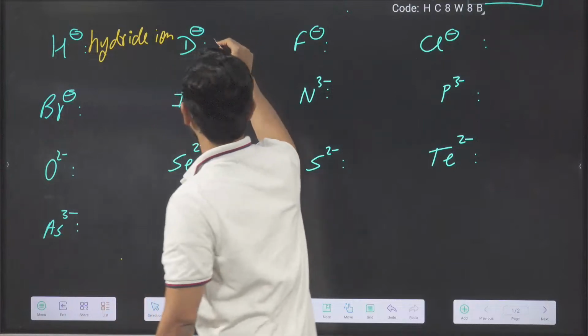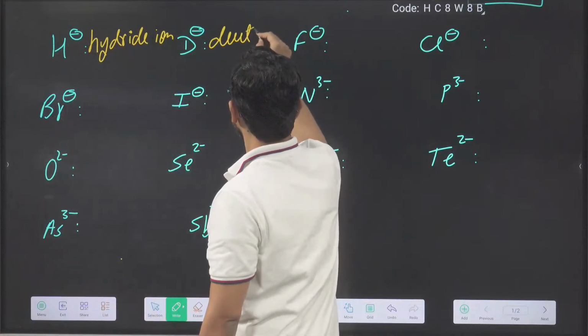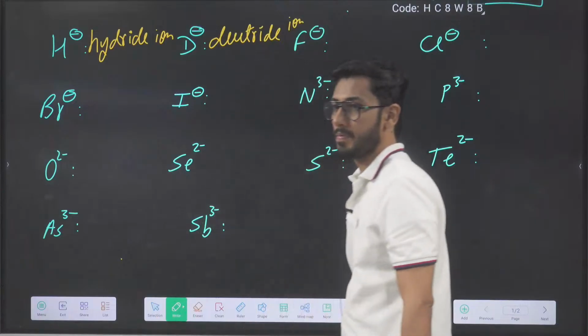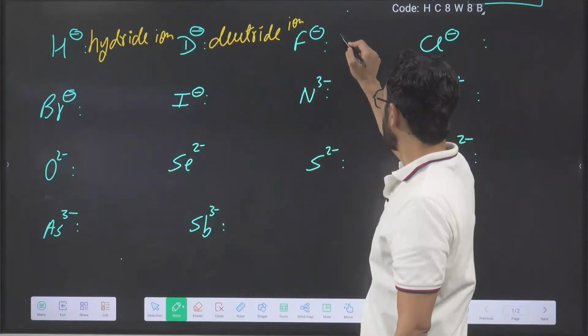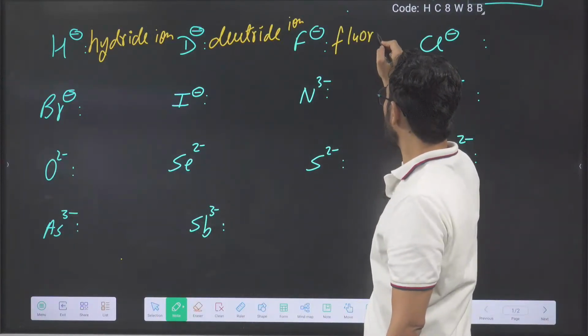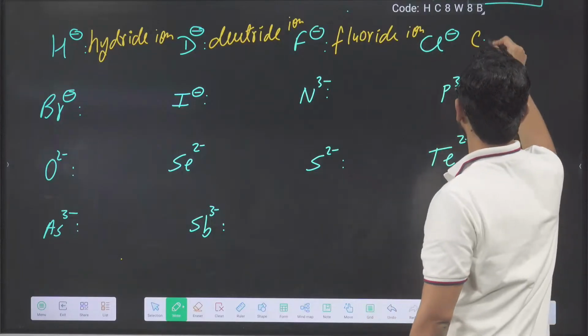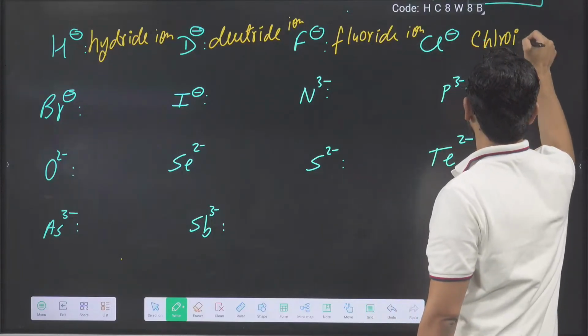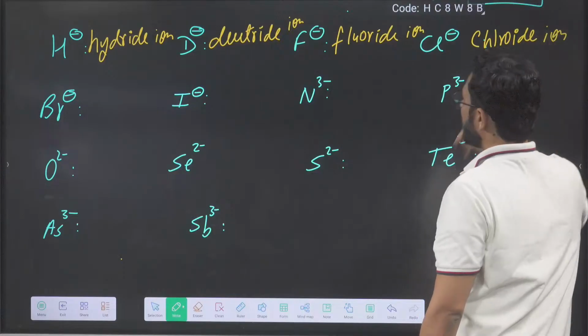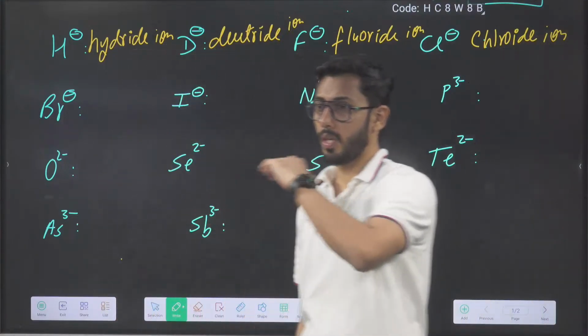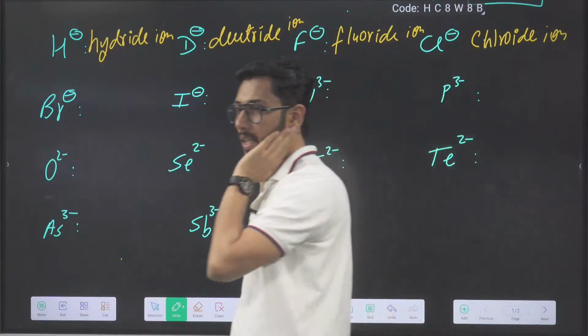D minus, deuteride ion. Keep on writing there also. Fluoride. Chloride. Very good, Lavanya. Hydride, deuteride, fluoride, chloride, bromide, iodide, nitride, phosphide.